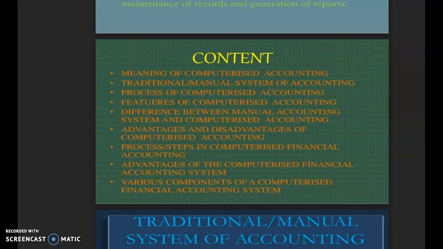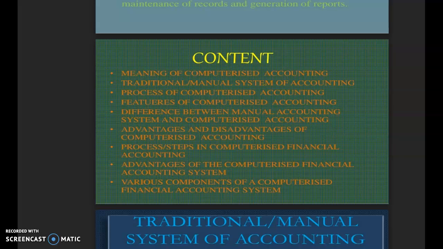So, once again, in this important lecture we will understand what we learn in the computerized accounting system, that is: meaning of computerized accounting; traditional versus manual system of accounting, where traditional means the system which is done manually, without the help of the computer; process of the computerized accounting system, that is, what steps are to be followed; difference between manual accounting system and computerized accounting system; advantages and disadvantages of computerized accounting; process steps in the computerized financial accounting system; advantages of the computerized financial accounting system; and various components of a computerized financial accounting system.